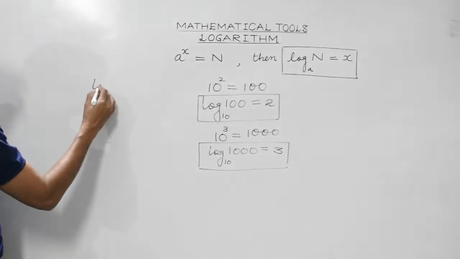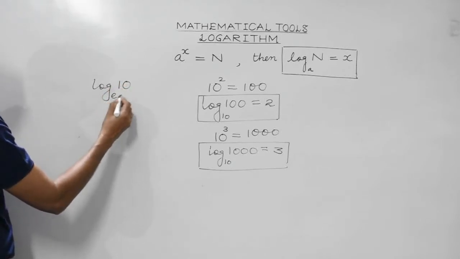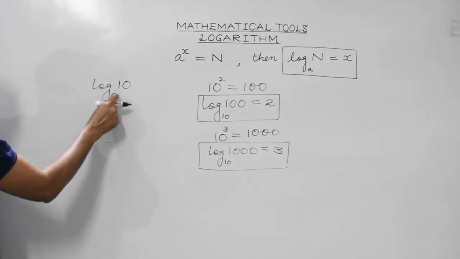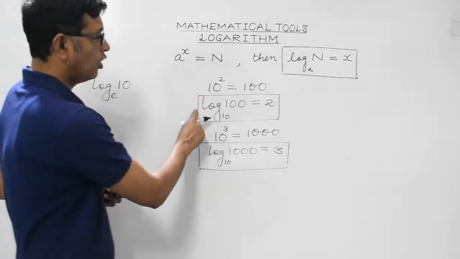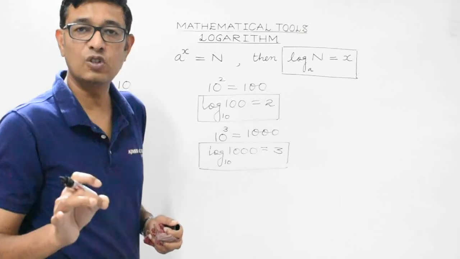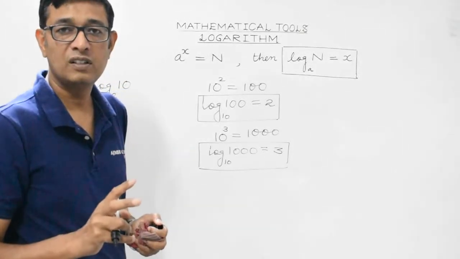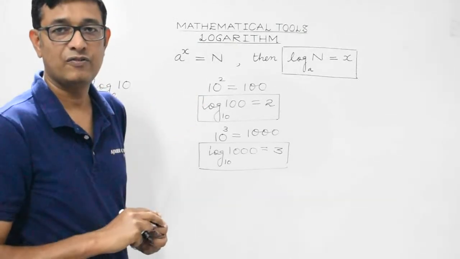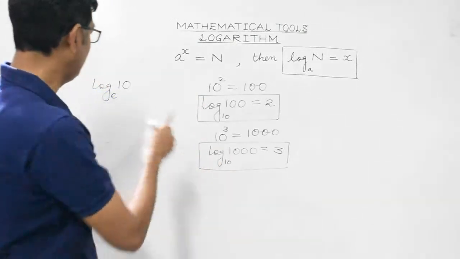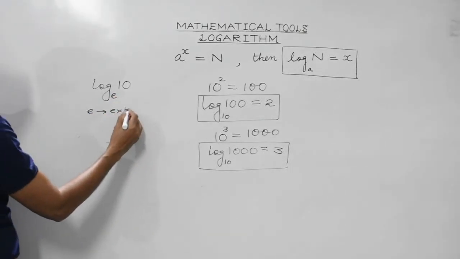Log 10 base e is known as natural logarithm of 10. It is known as natural log, while log of any number to the base 10 is known as common log. Again I repeat, students, for common log we always take base as 10. For natural log, we take base as e. e is the exponential.